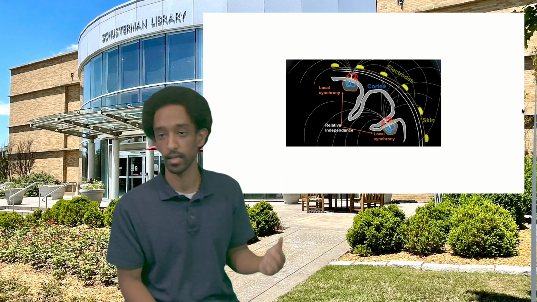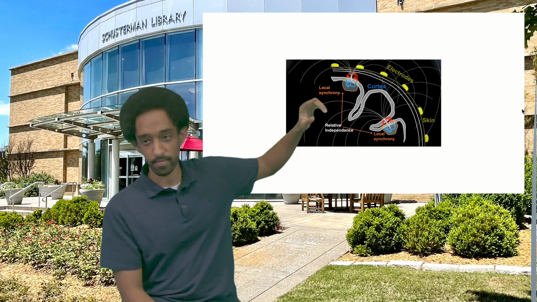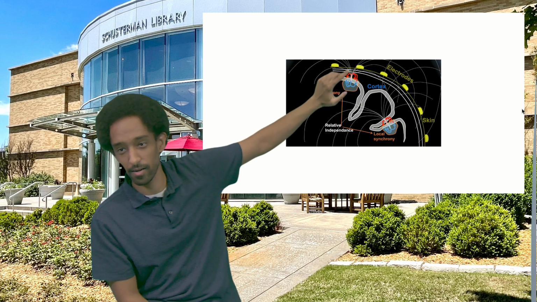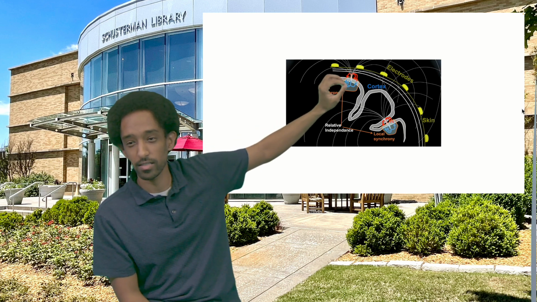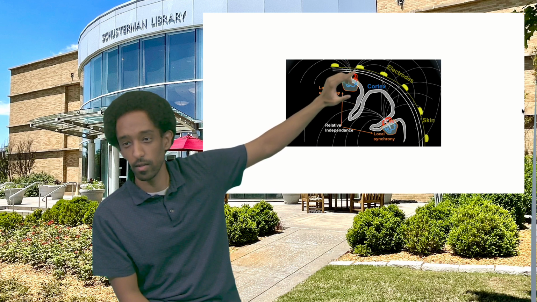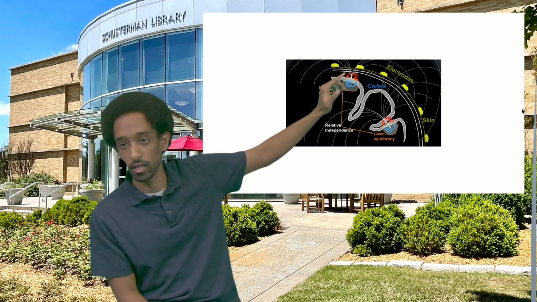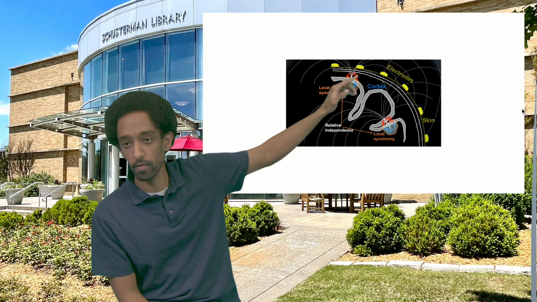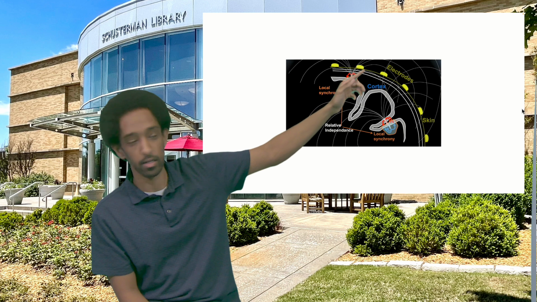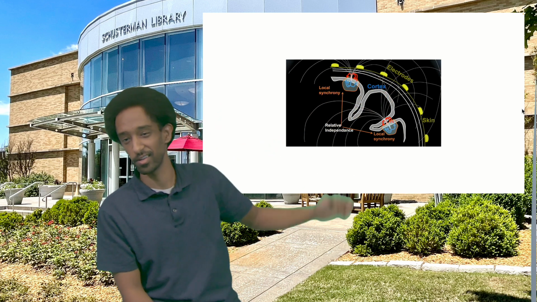Another issue is that, like I said, it goes through the skull, and what happens is the signals come up here, and once they hit the skull, they spread out, right? So this signal comes up here, and then it spreads out in this direction, and in this direction, and so you're going to get a little bit of the signal in this electrode, and this electrode here, and this electrode here.